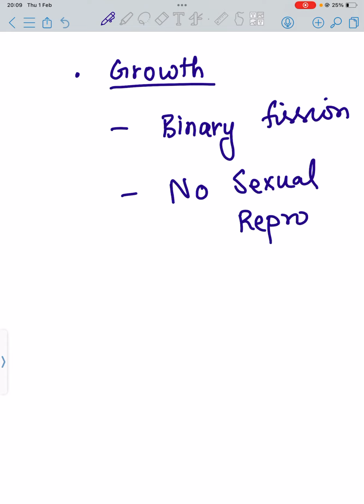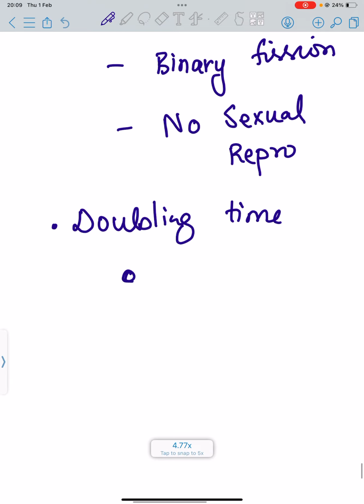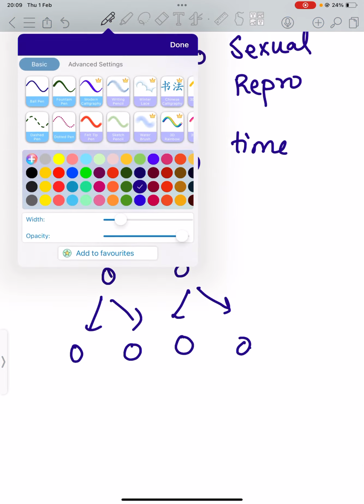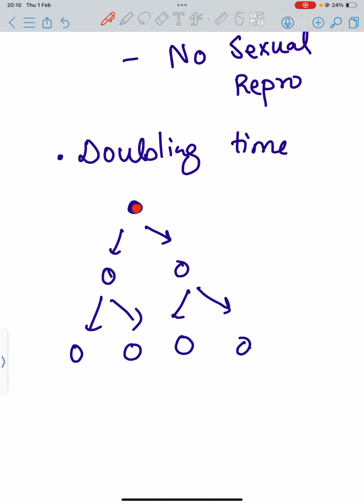Okay. And there comes a topic like doubling time. What is doubling time now? Now, I said from one cell we get two cells, and from two cells we get four cells. Right? So, this time required for one cell to be multiplied to 2.